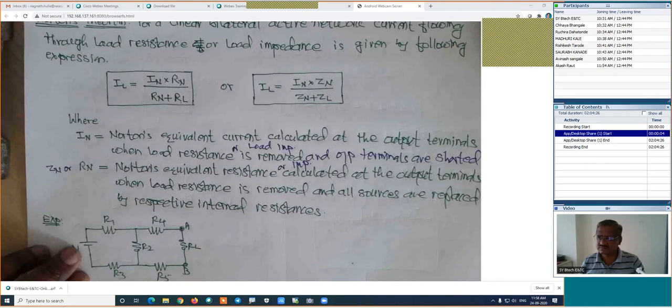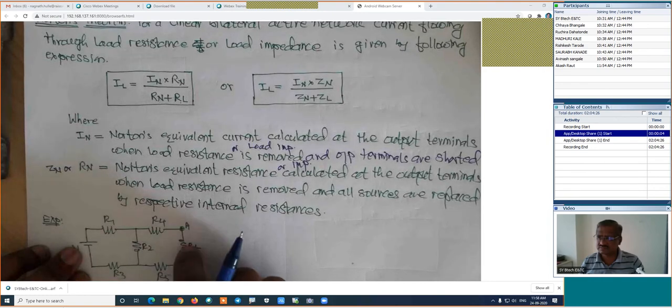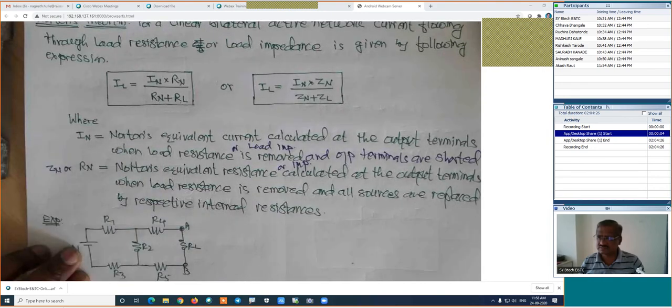We have to remove this load resistance and short these terminals, calculate the current in the short circuit, and that current is nothing but the Norton's current.